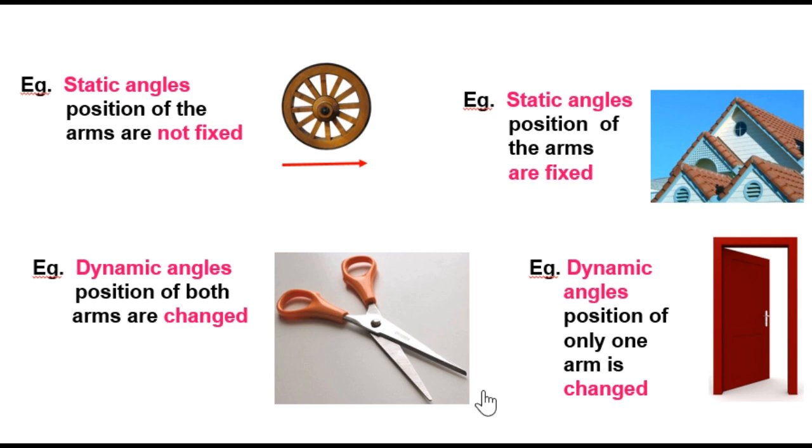See the last one, also a dynamic angle. This door we can open and close. Here the position of only one arm is changed, and the other arm is fixed.